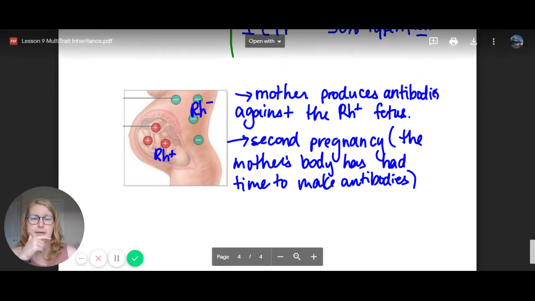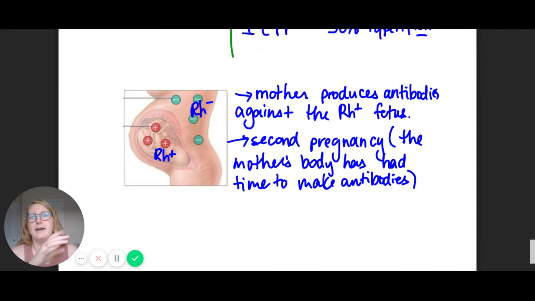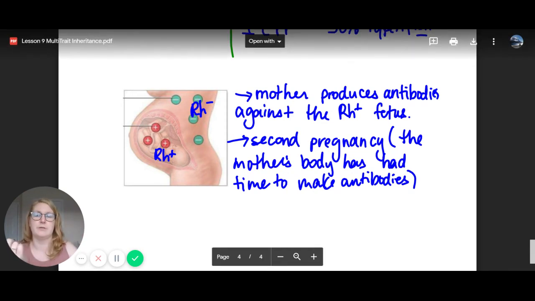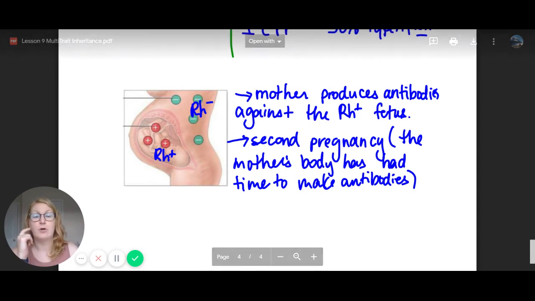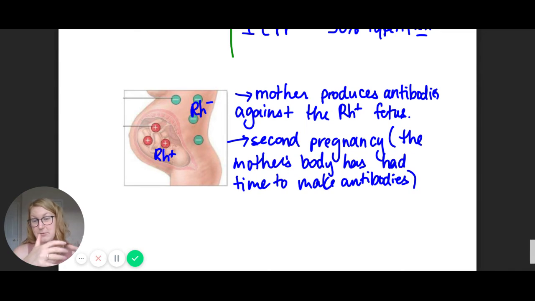So I mentioned here that because they're opposite to each other, the mother recognizes it as non-self. And so in her first pregnancy, usually nothing much happens with that. Her body is just sort of identifying that it's something unknown to it. But by the time the second pregnancy rolls around, if she also has an Rh positive fetus, her body has had lots of time to make antibodies.